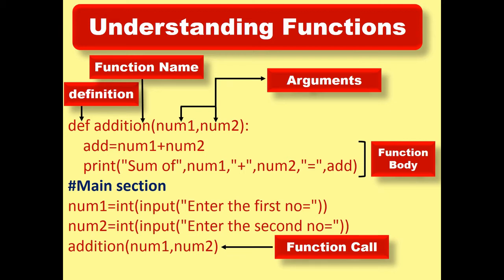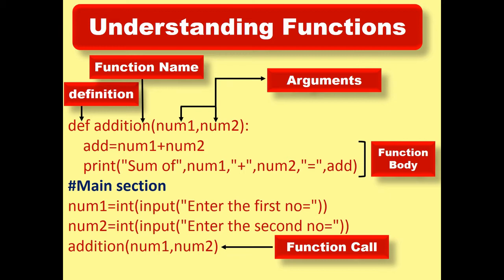Next, addition is a function name which is being defined by the keyword def, and here num1 and num2 are arguments. Arguments are the variables which accept some values when they are called from main.